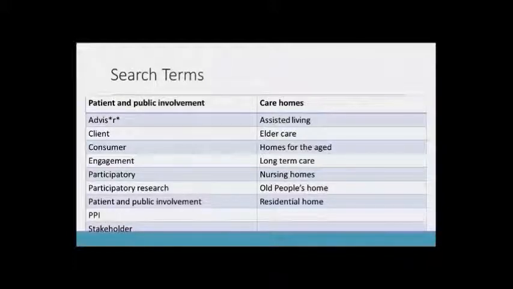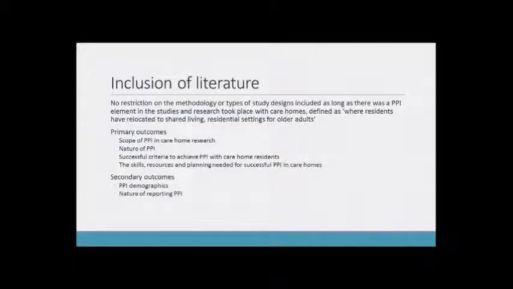It took a lot of thinking through, because in a sense a systematic literature review is very much from a health discipline, whereas research in care homes might encompass social sciences, social care perspective and health perspective. So different terms, different paradigms, different considerations.